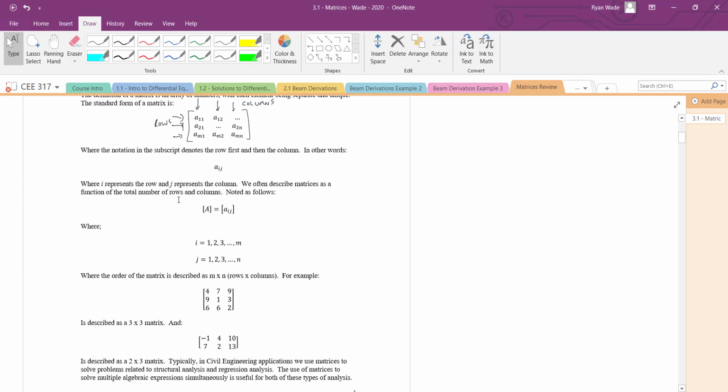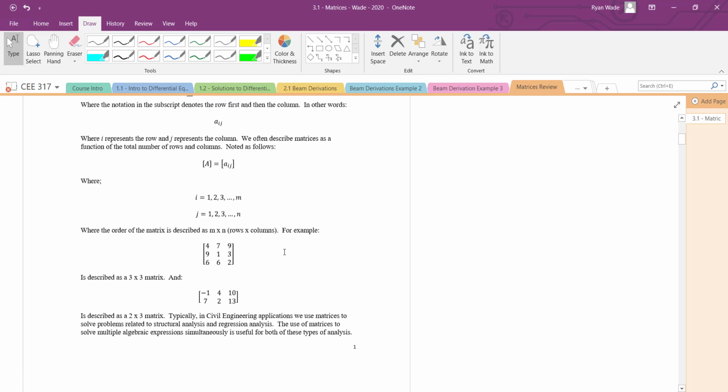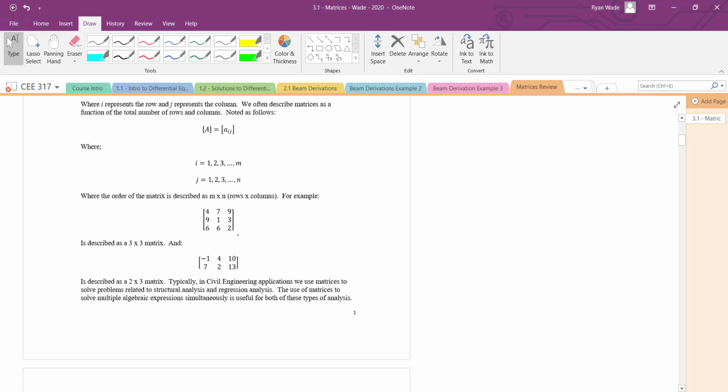And actually we can use Excel later on to start helping to solve some of these. And we denote a matrix by the number of rows and columns. So when we're talking about it, this one would be a 3x2 matrix, and this one is a 2x3. So 2 rows and 3 columns.